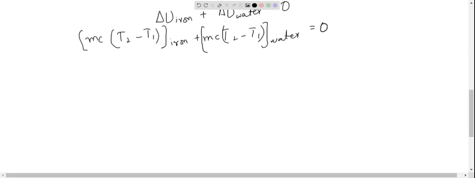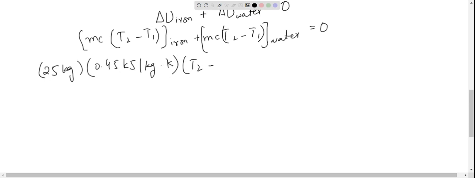Now we substitute the values that are given. Mass of iron is 25 kg, and for c we take the specific heat of iron at room temperature, 0.45 kilojoule per kg Kelvin.